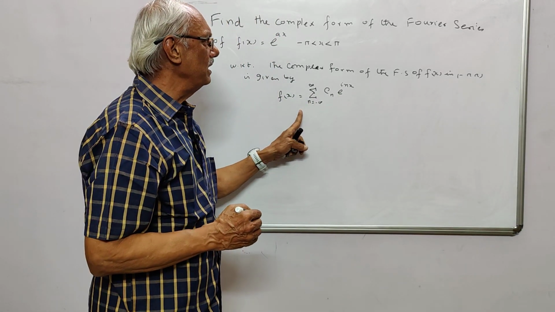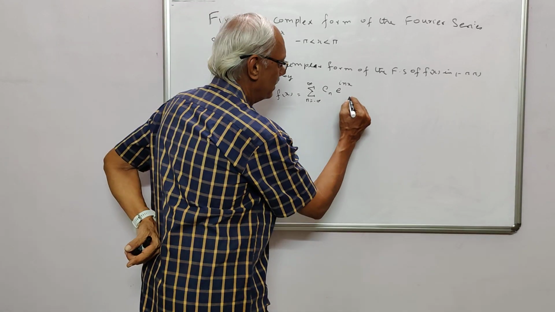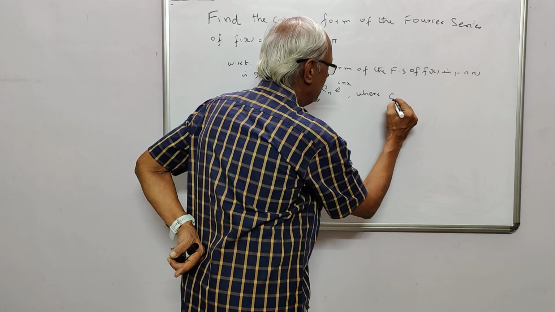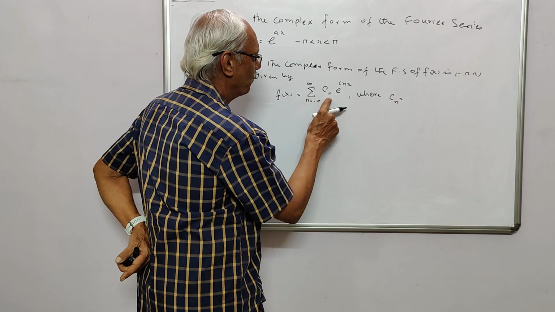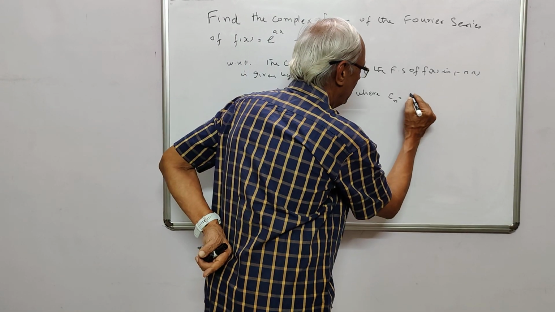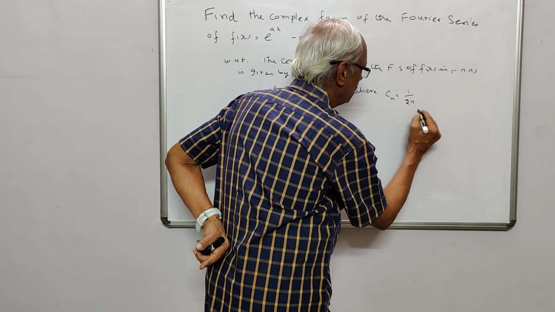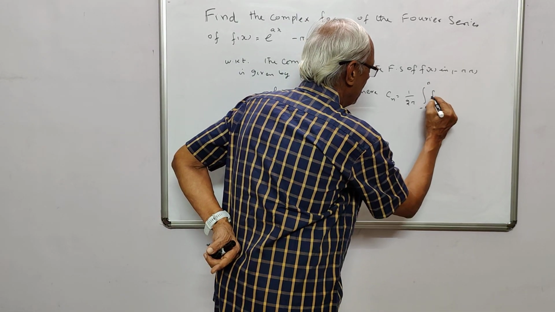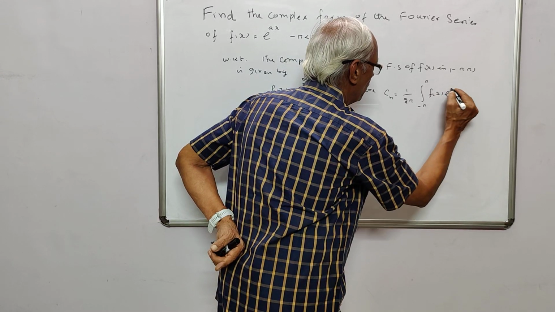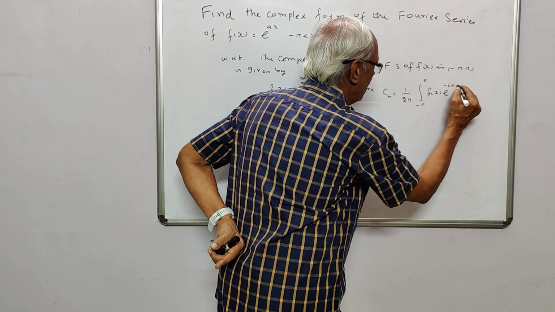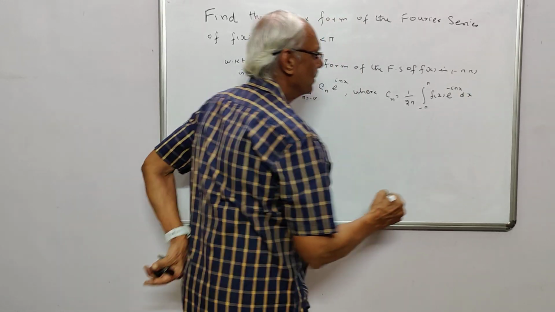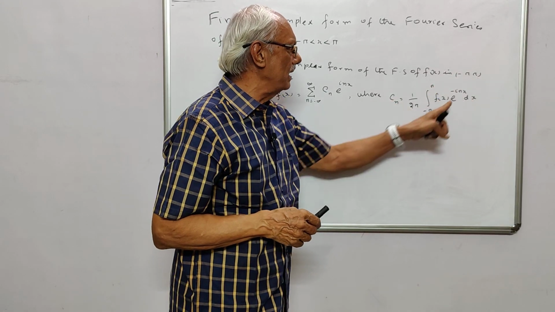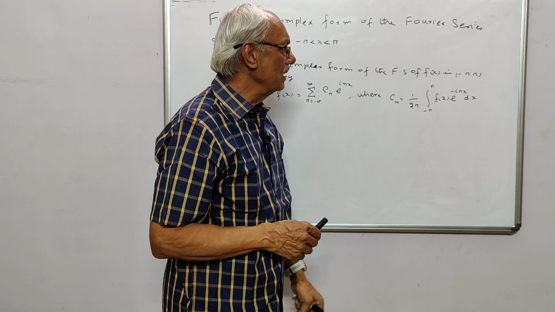You see that this will be the form of this, where this Cn is the Fourier coefficient and it is given by 1 by 2 pi, integral from minus pi to plus pi of f of x e to the power of minus inx dx. So here, if it is the interval 0 to 2 pi, it will be from 0 to 2 pi.